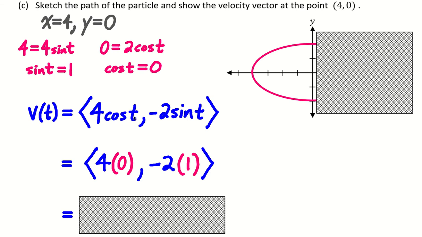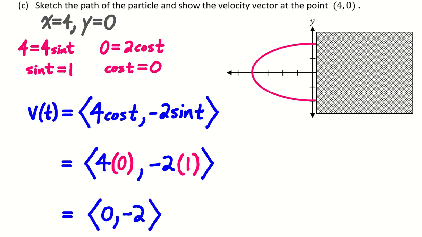The cosine of t is going to be flat out 0, or t specifically could be pi over 2, and then the sine of t is 1. Or you could just literally plug in pi over 2 for t itself.